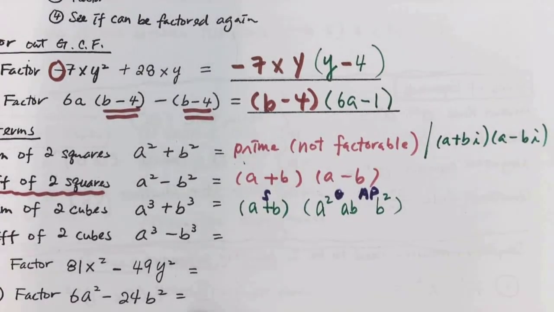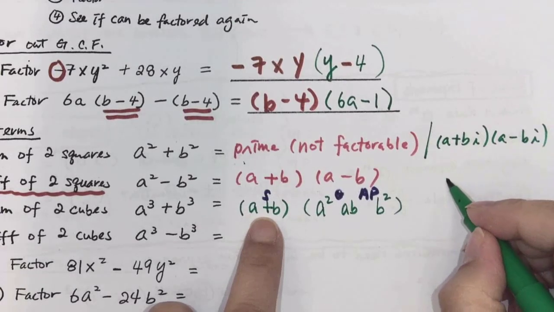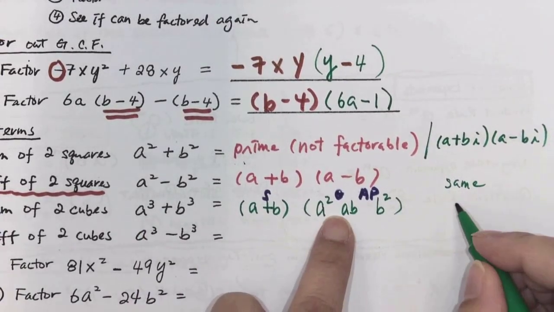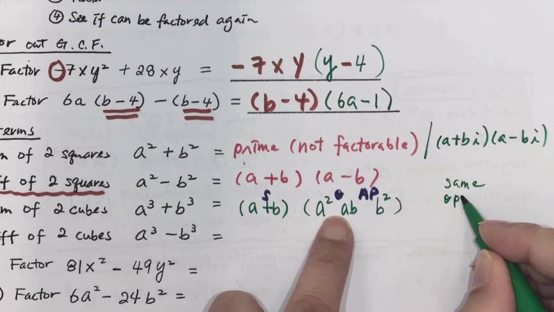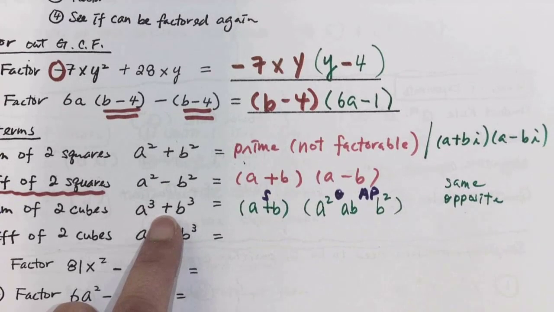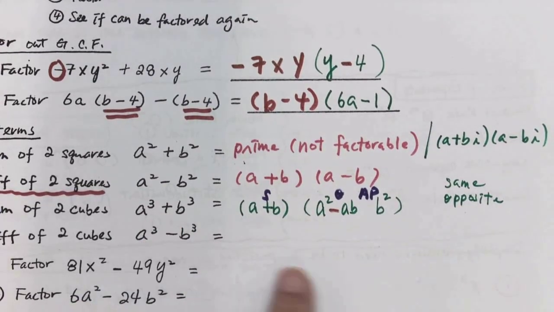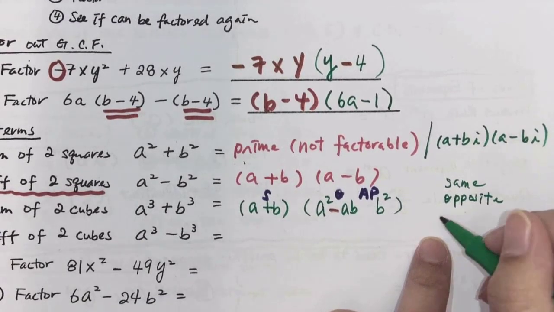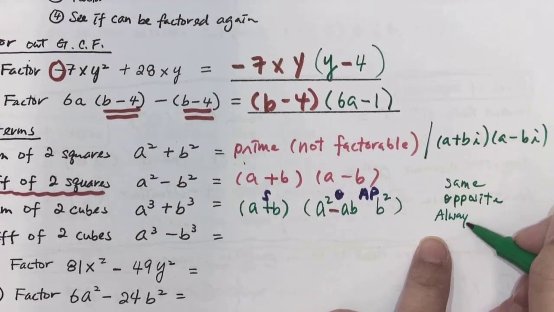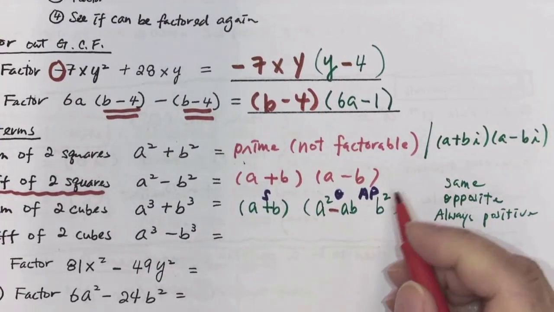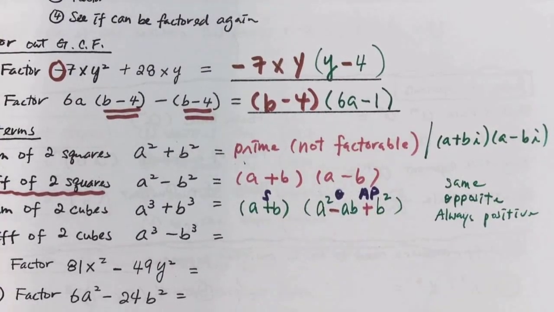What I mean by that: S represents same as the question, addition. O means opposite of your question. So this is add, so the opposite would be subtract. And the last one is AP. What is AP? Always positive. So always positive for the last part.